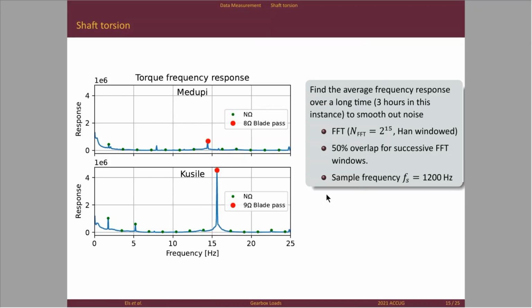But if you use the trick that the guys looking at the stars use, where they take a lot of pictures and superimpose them and get the average, and that way they find interesting things, you find the same if you go into the velocity analysis. So this is over 3 hours, where you run a lot of smaller windows, get the frequency of each, get the average, and in the end, the noise cancels out.